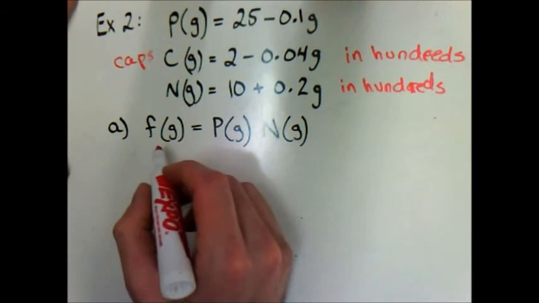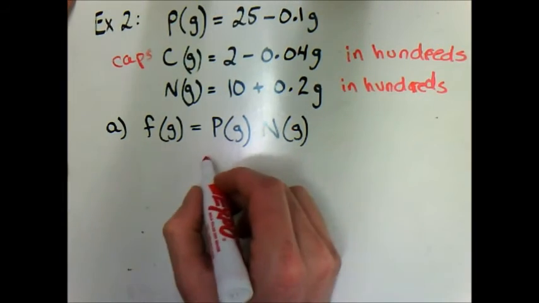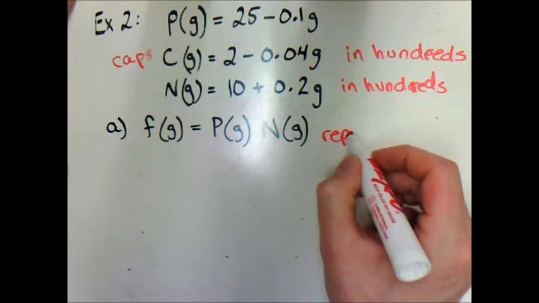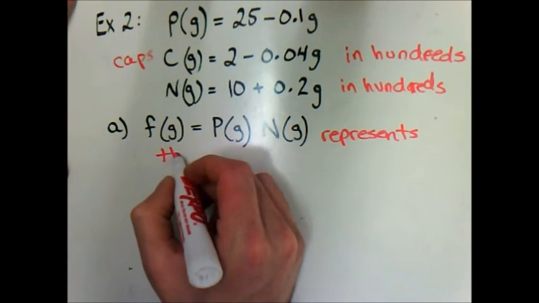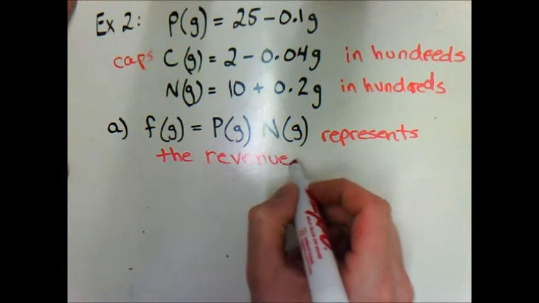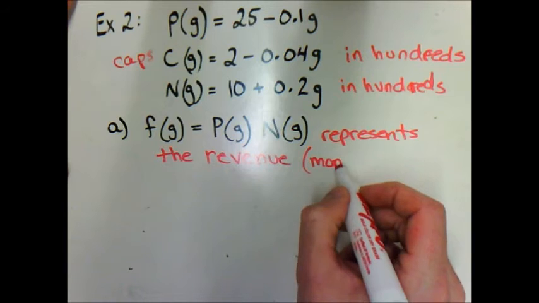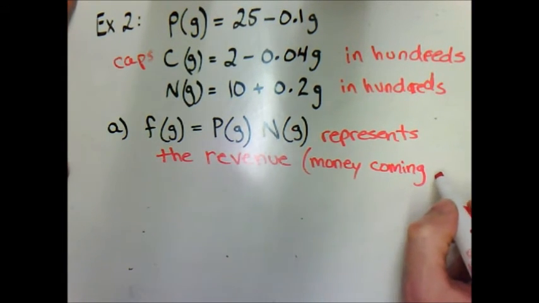So f of g, which equals p of g times n of g, represents the revenue. Revenue is the money coming in.